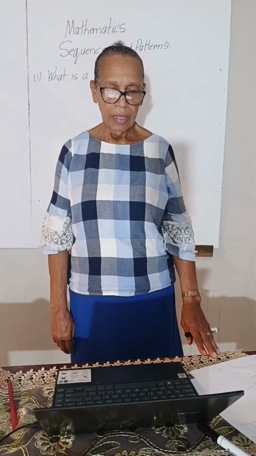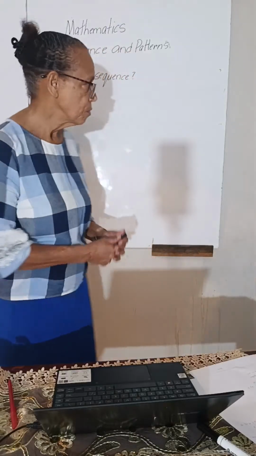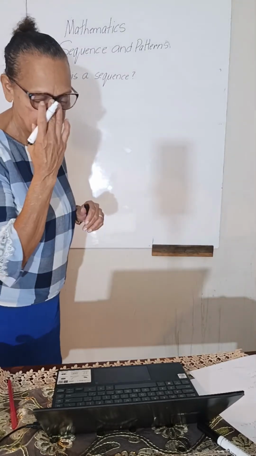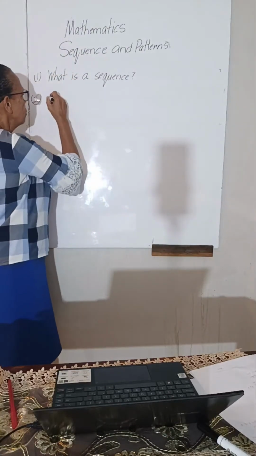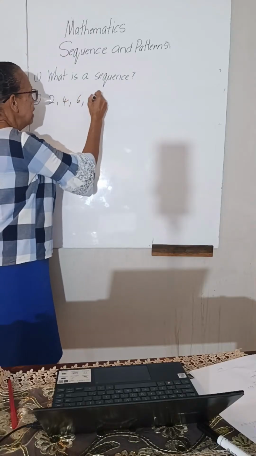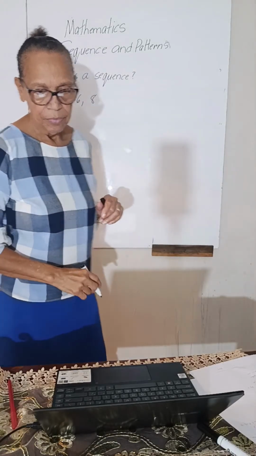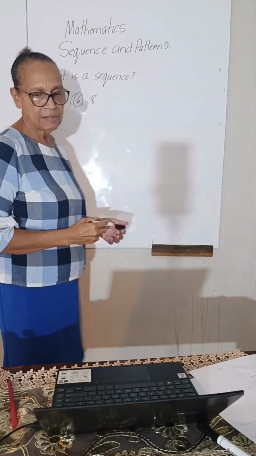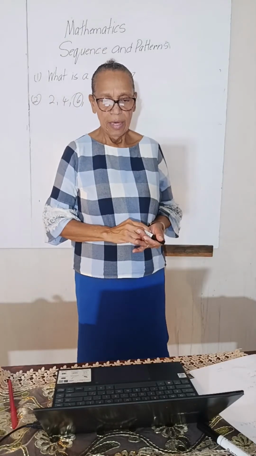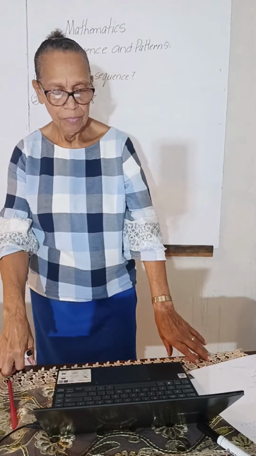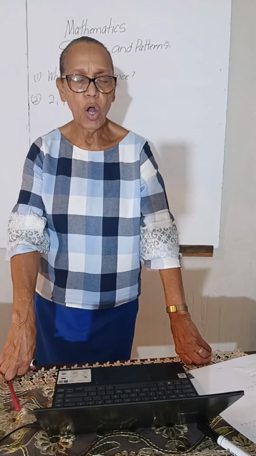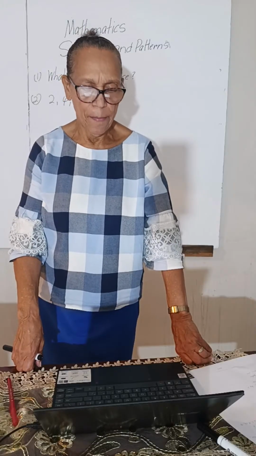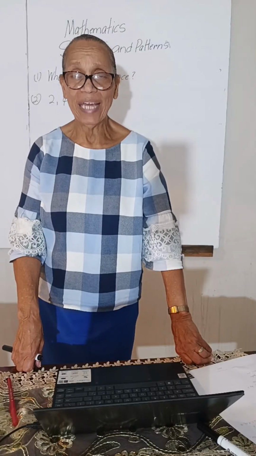Two, in the sequence 2, 4, 6, 8, 6 is called a rule. 6 is called a pattern. 6 is called a term, or is it a sequence?